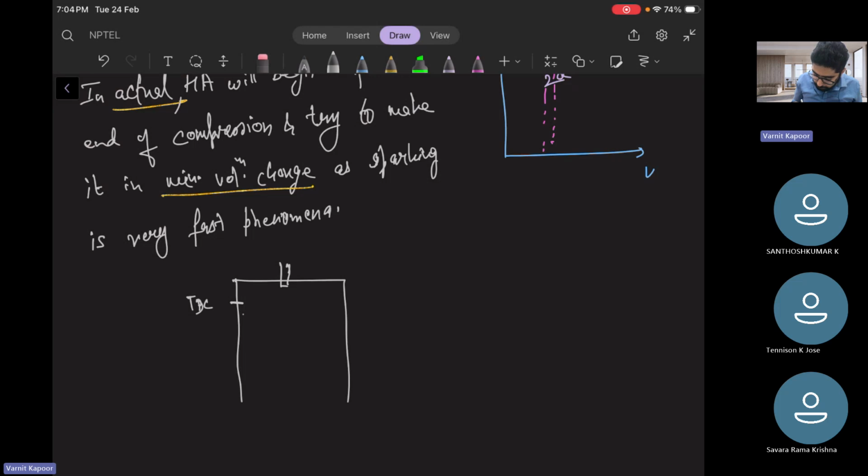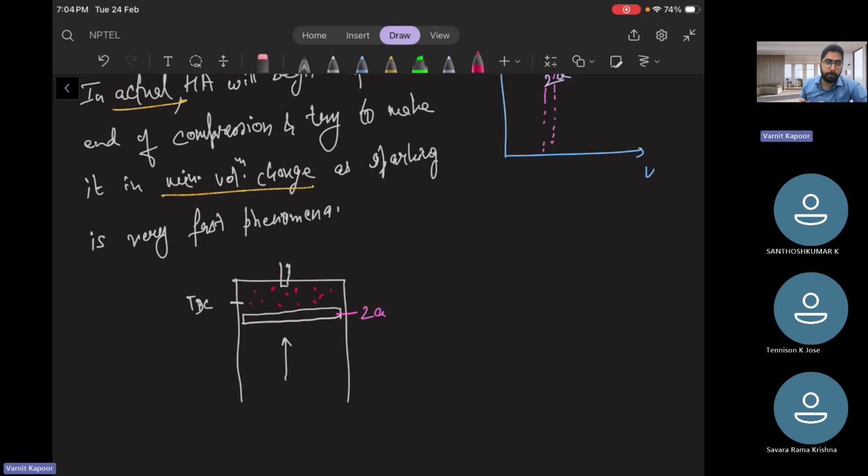Okay, when the fuel is being compressed, from bottom dead center it is reaching top dead center. So this position is A position. Whole of the fuel is being compressed, so the temperature is quite high.